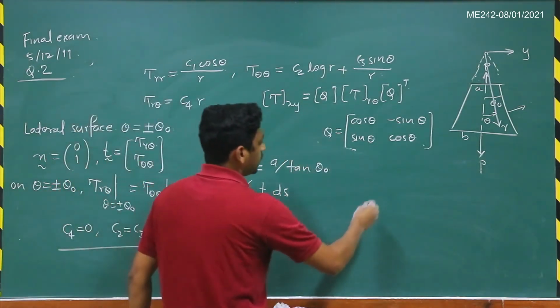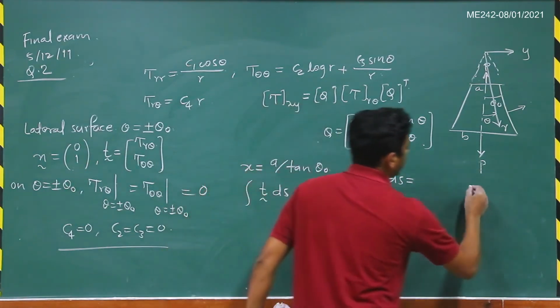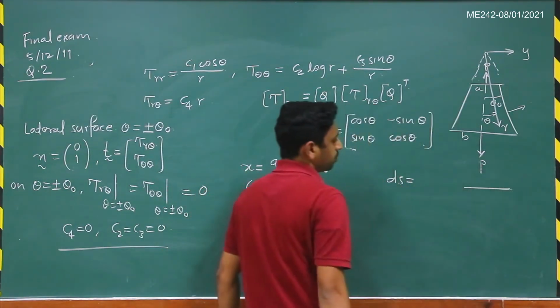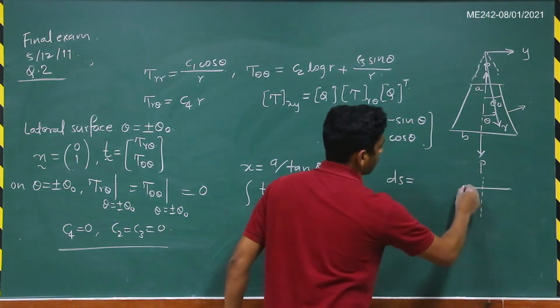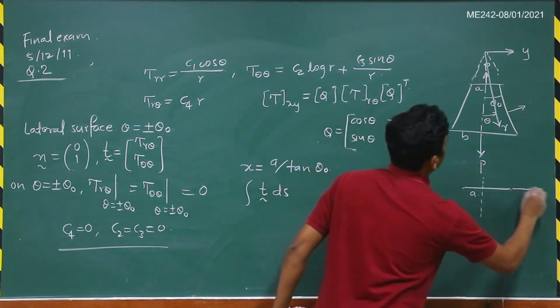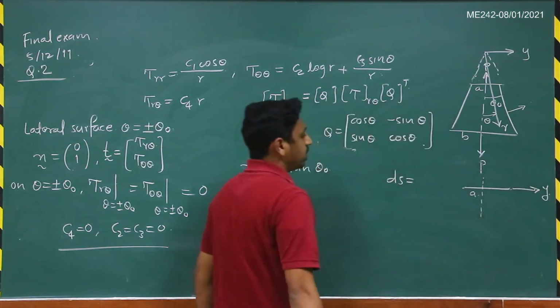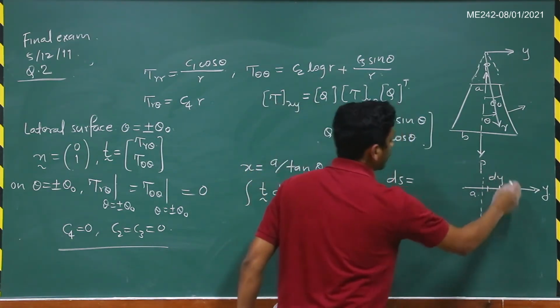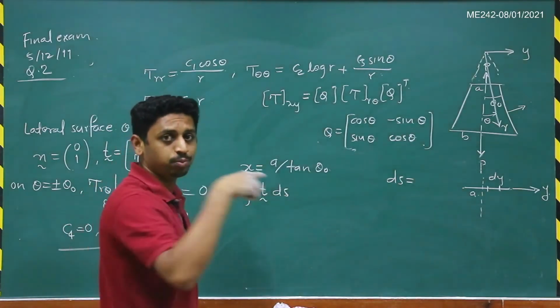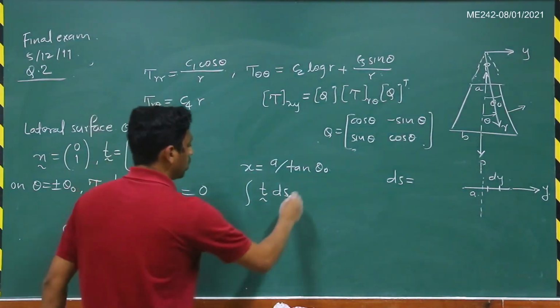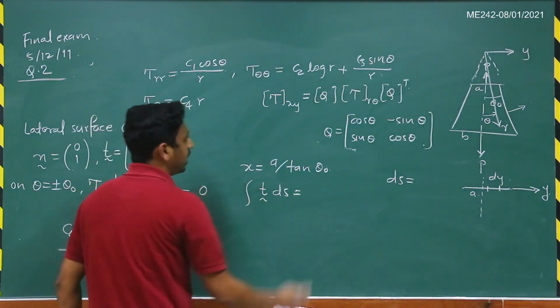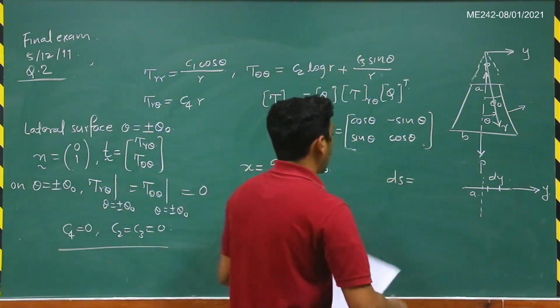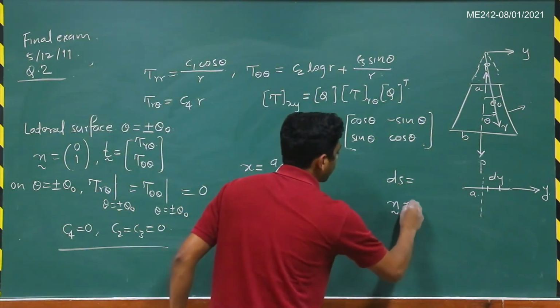Now the ds would be, on this flat surface, simply dy, because we have assumed unity thickness inside the board.